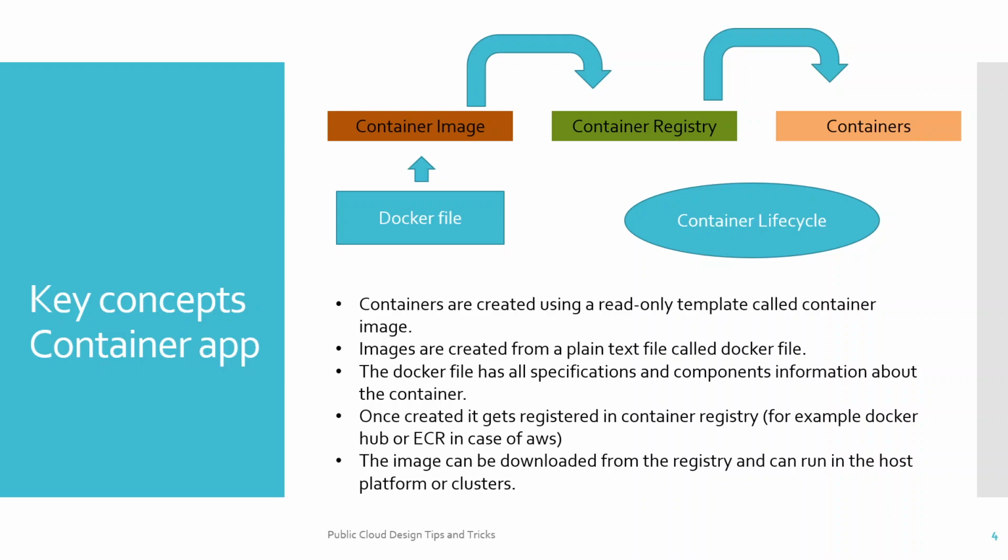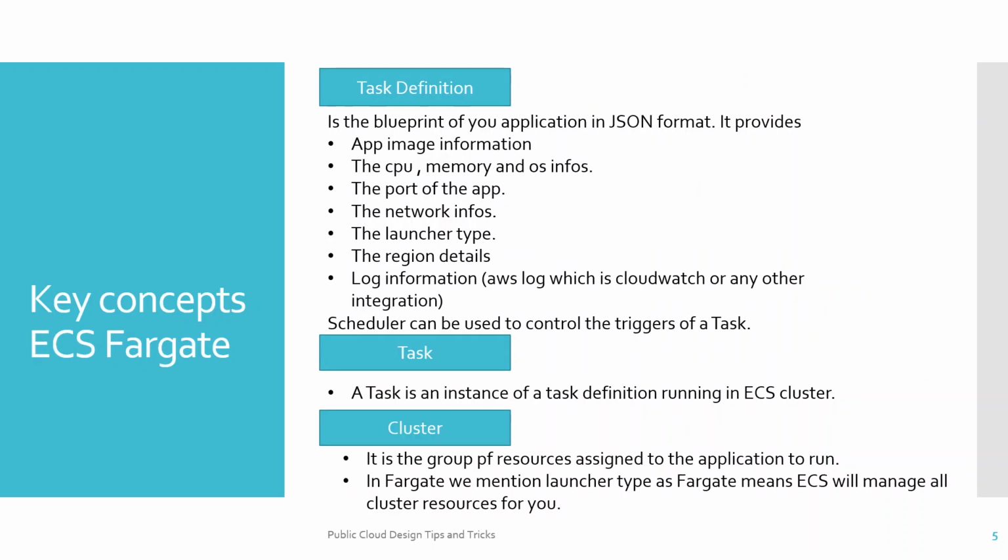For example, container registries are Docker Hub or Elastic Container Registry in case of AWS. Now, from that repo, which is container registry, the Docker images can be downloaded and launched as a container in the host or platform clusters. Okay, so that is how it works, and that is how it looks like basically.